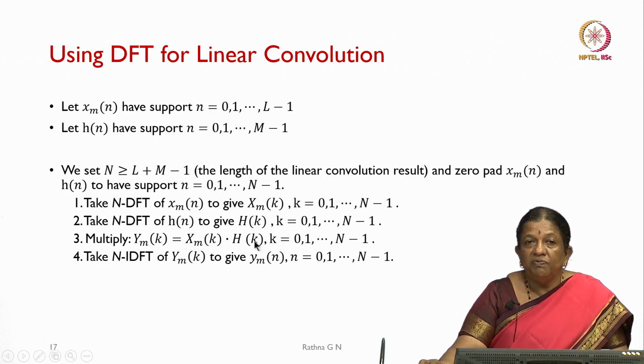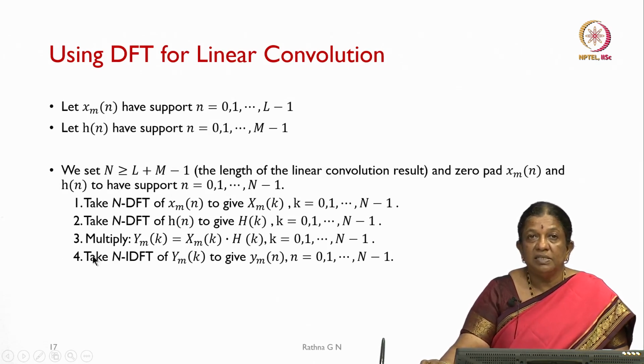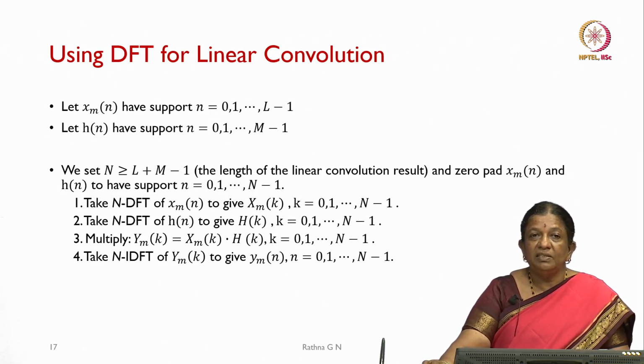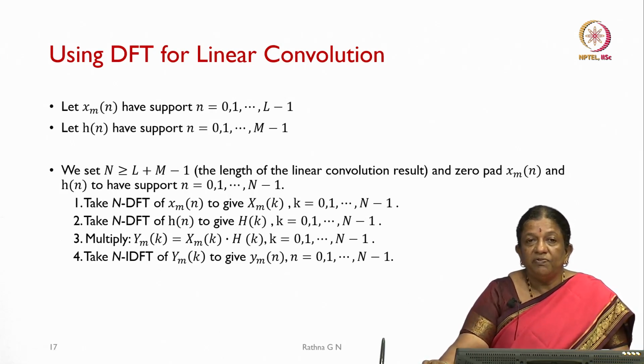Once we have done the multiplication, the result is available, and then we can take the N-point IDFT of Y_m of k to give our y_m of n. You must be wondering why we have to do all these things, why not use the summation directly. In the last class we saw the computation cost of the 512-point DFT and the FFT computation cost.